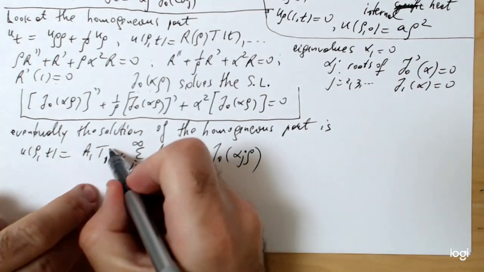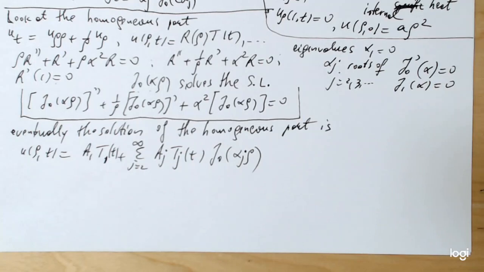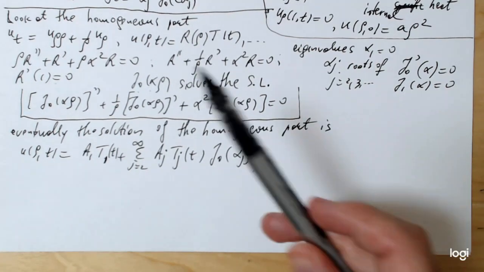I should say T1 of t to make it clear. For each eigenvalue, you solve the corresponding equation for T. Pause for a moment and make sure you understand that this is what you end up with if you were to solve the homogeneous part.